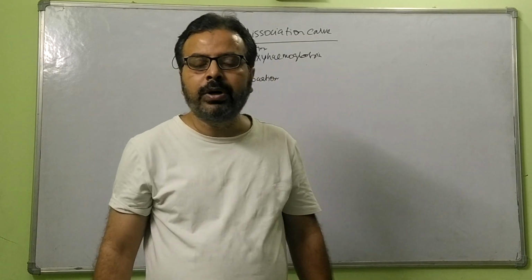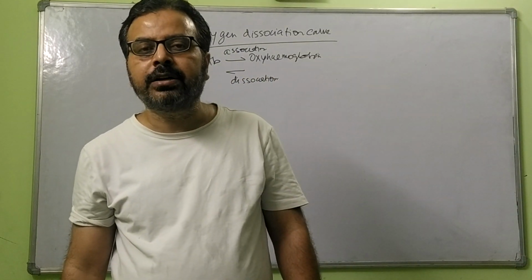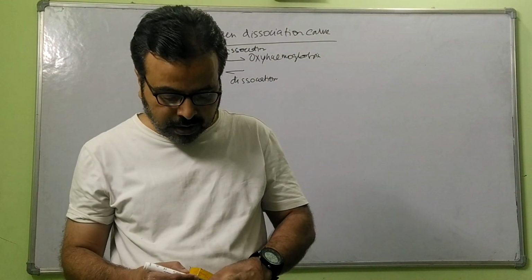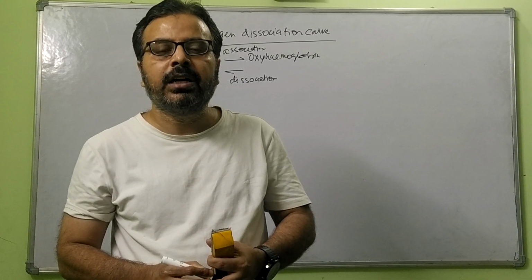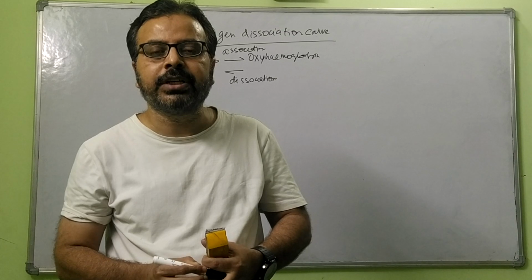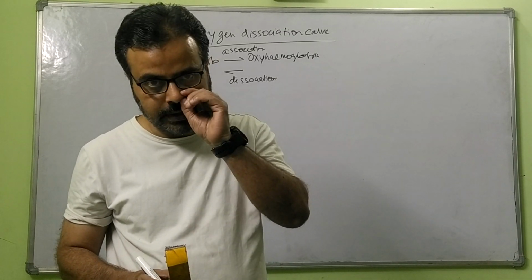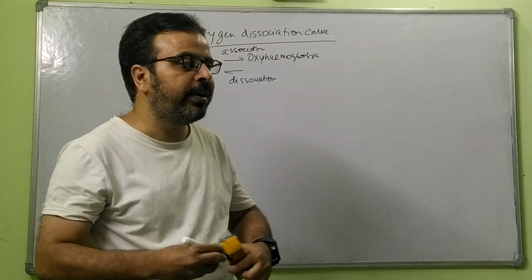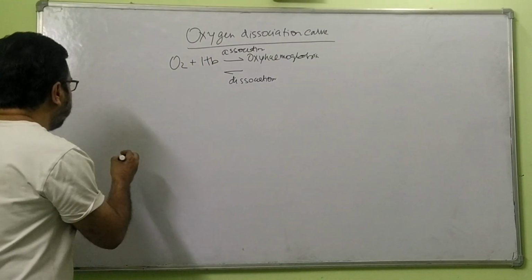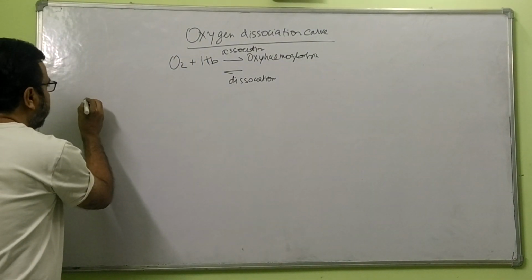Now, which are the factors responsible for this association and dissociation of oxygen with hemoglobin? There are four factors.